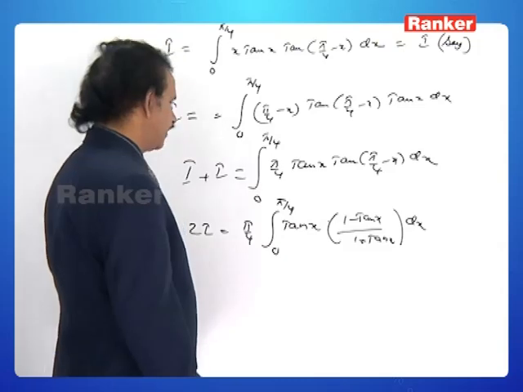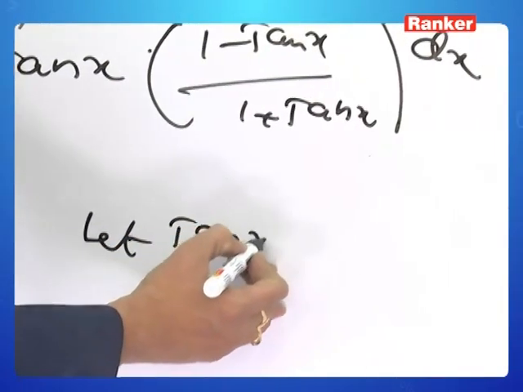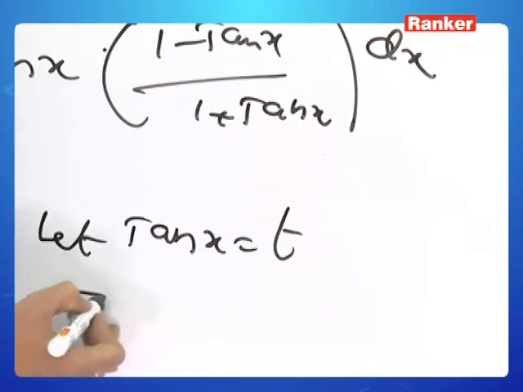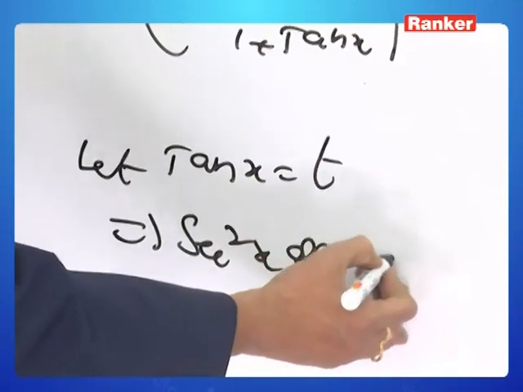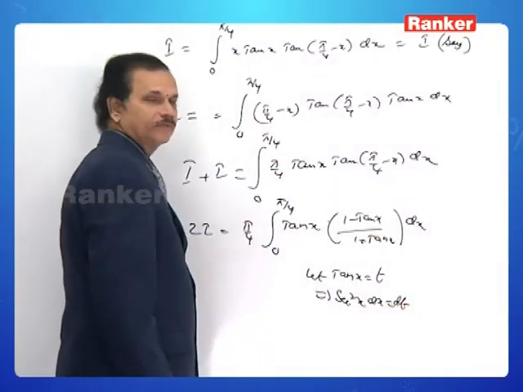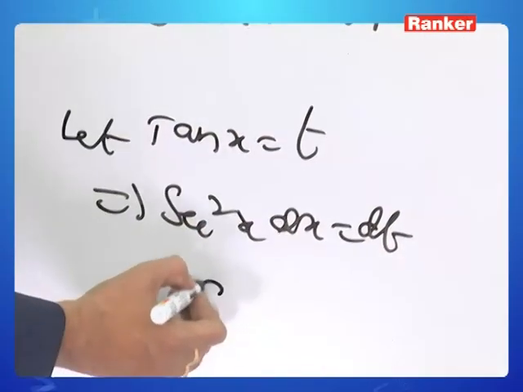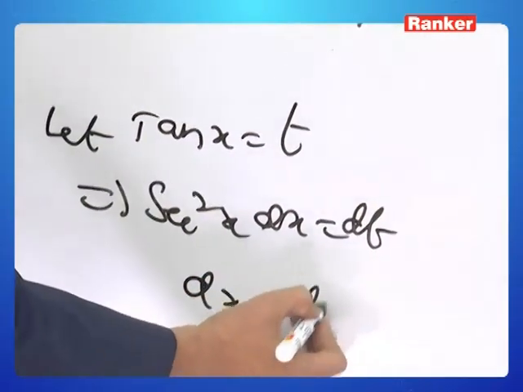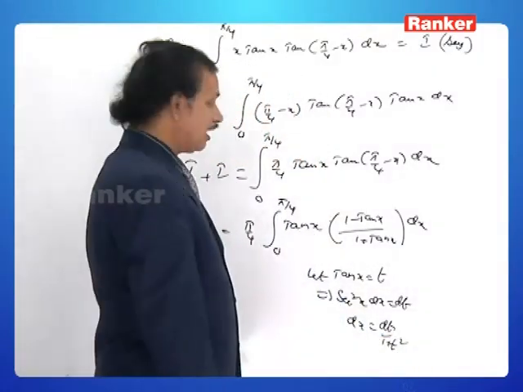Let us change the variable. Let tan x be equal to t. What happens? Secant square x dx is equal to dt. That is, 1 plus tan square x dx is dt, or dx is equal to dt by (1 plus t square).